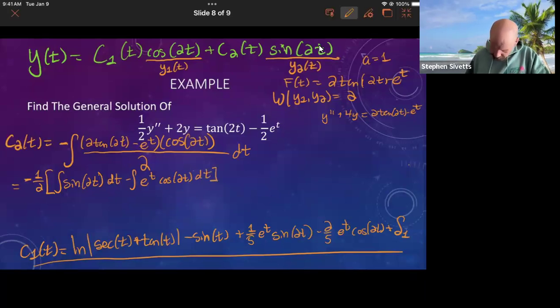And for e to the t cosine 2t, I'm not going to do the work here, but I'll let you work that out for yourself.